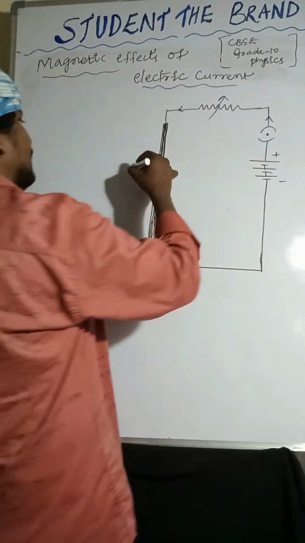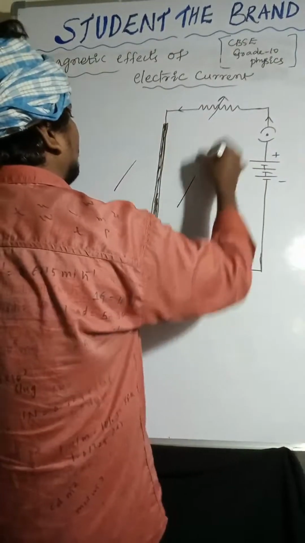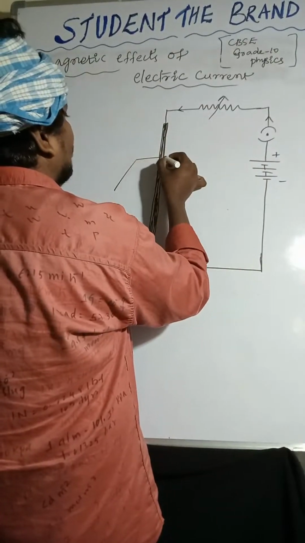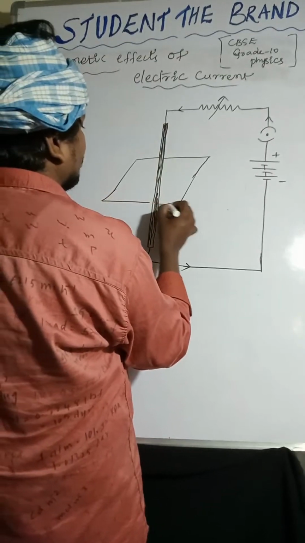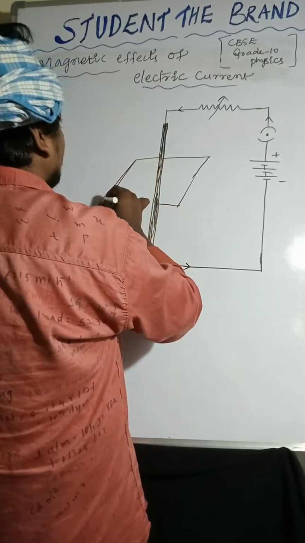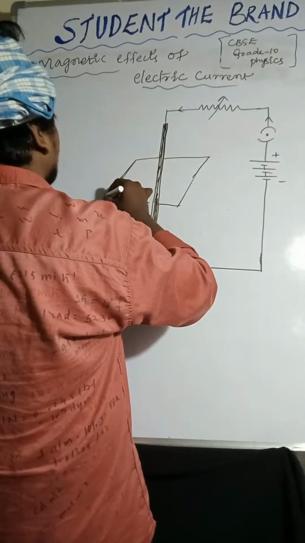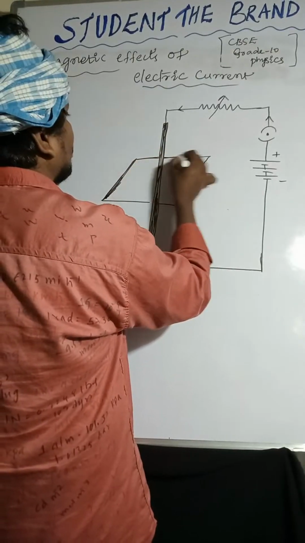So this is a conductor, and this is a cardboard.